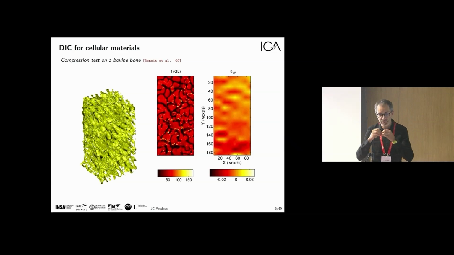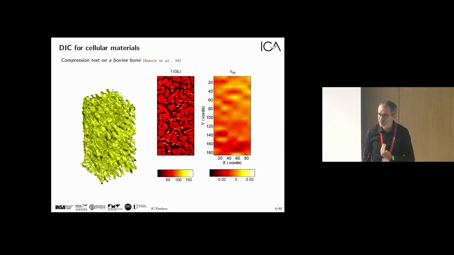You have a very fine description of the geometry, but when you use the architecture as a pattern, you must use very large subsets, and then you have a coarse or homogenized description of the displacement, the kinematics. So when you compute the strain, you end up with something which is smooth or homogenized.